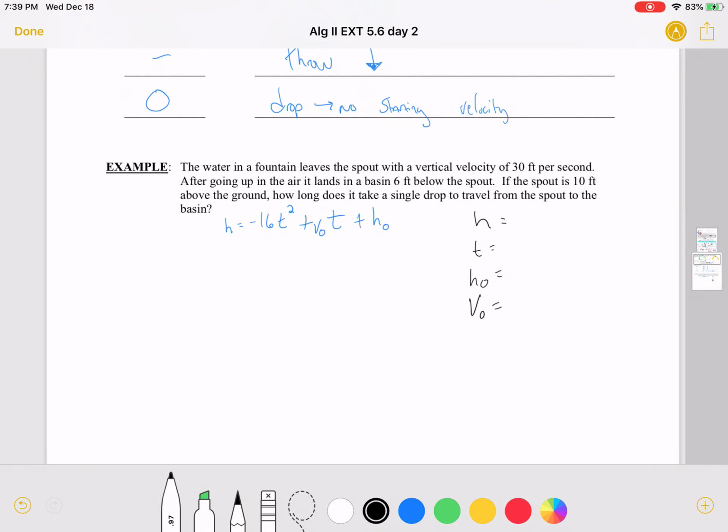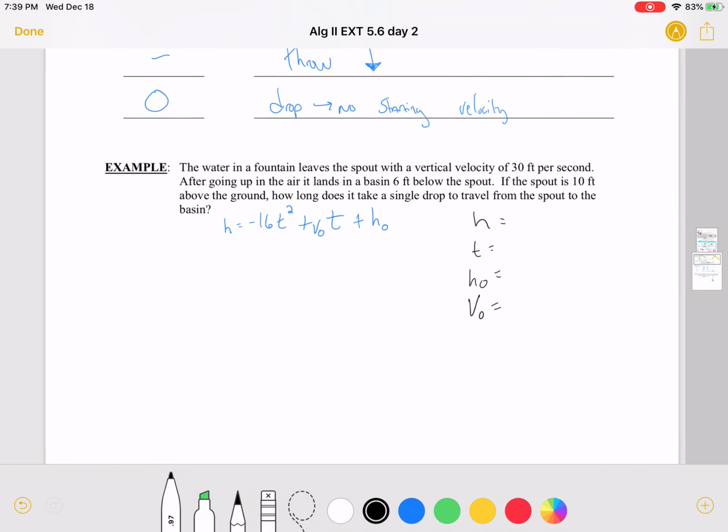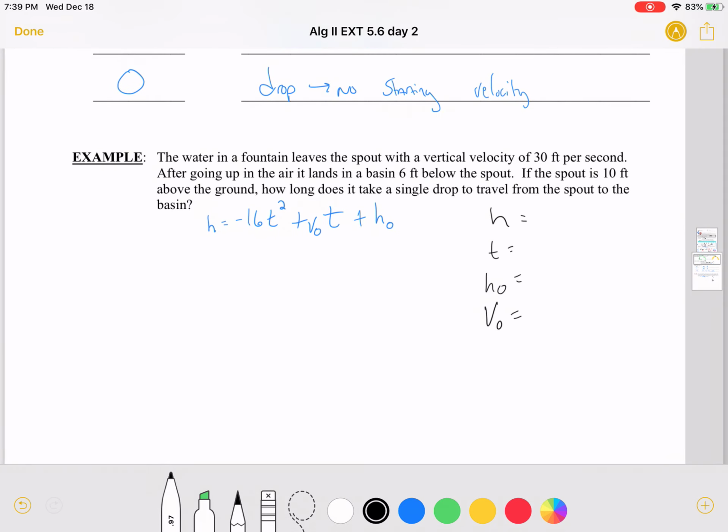So if we look on here, does it say anything about the height in feet? Well, it says something about 6 feet here. It says, after going up in the air, it lands in a basin 6 feet below the spout. So it's shooting up in the air and it's landing 6 feet below the spout.